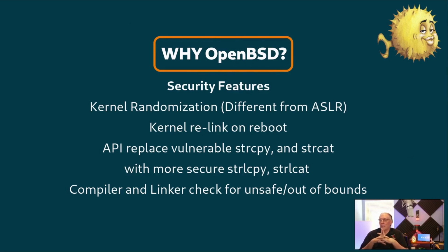Now, the version that OpenBSD developed, which by the way is not in the GNU C libraries or in their compiler or linker, is strlcpy and strlcat. The compiler and the linker check for unsafe or out-of-bounds strings, so they do that for you. During compile time, if you're trying to move a buffer that is larger than the receiving buffer, it'll flag it and say, hey, you've got a problem. You won't get that warning under GNU C.